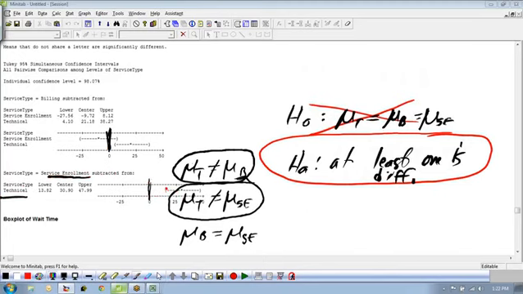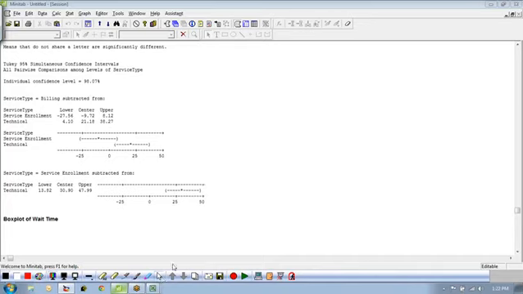I know I'm writing over this, but there's the start of my confidence interval, way away from 0. So again, they are different, and that's the same conclusion that we came up with before. A little bit simpler and a little bit more obvious in Excel stats, I think. So that's it. That's ANOVA in a nutshell, and we covered it in Excel stats and Minitab.